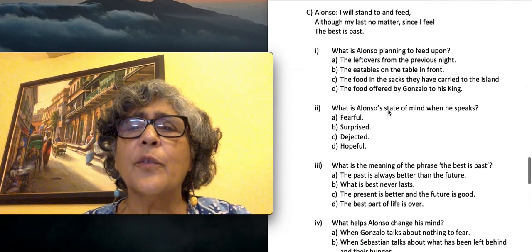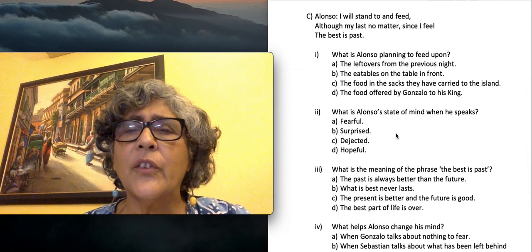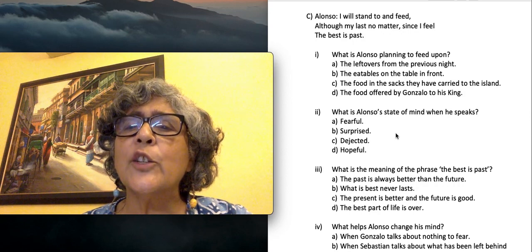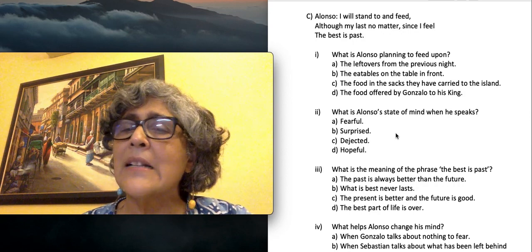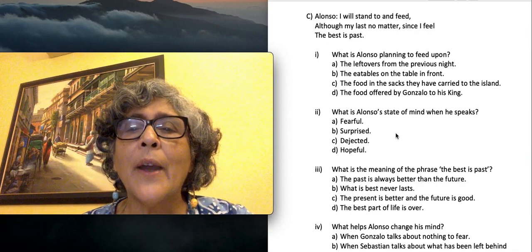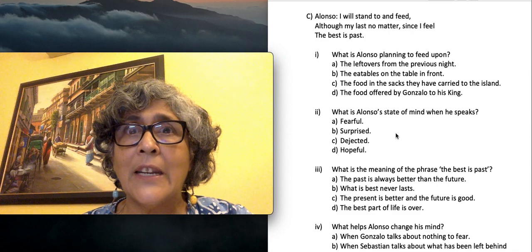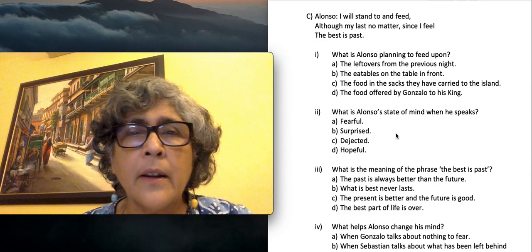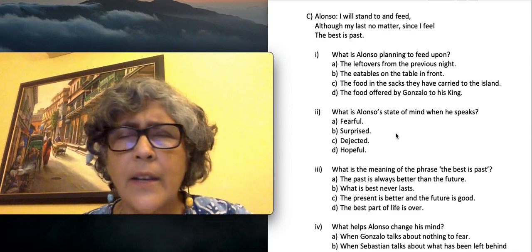And the final one, of course, is from Act 3, Scene 3, Alonso. "I'll stand to and feed, although my last, no matter, since I feel the best is past." Of course, I haven't given any questions on the rhyme scheme and word imagery as such.